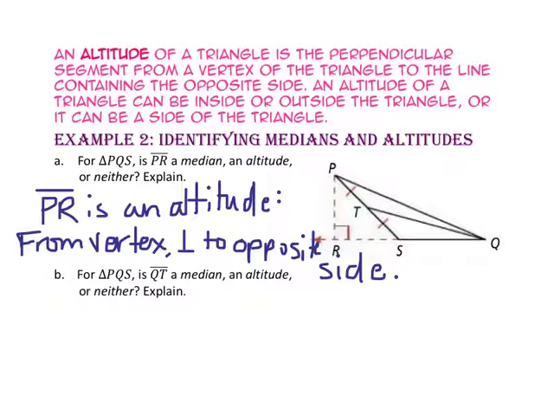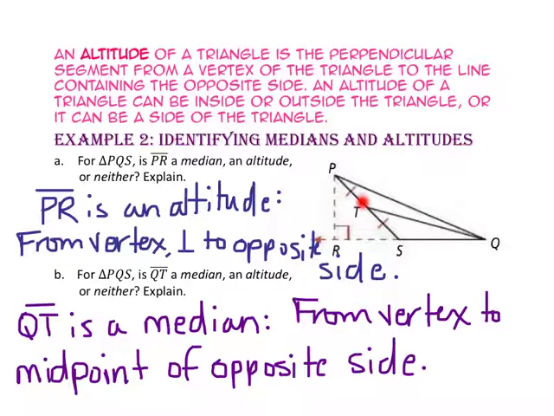In part B, for triangle PQS, is segment QT a median, an altitude, or neither? Explain. Well, since segment QT starts at vertex Q and ends at the midpoint of segment PS, it is a median. We know that point T is the midpoint of segment PS because of our congruence marks.